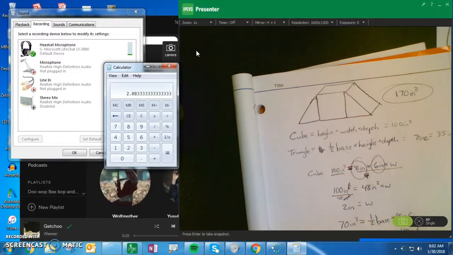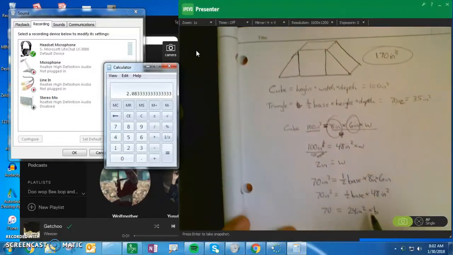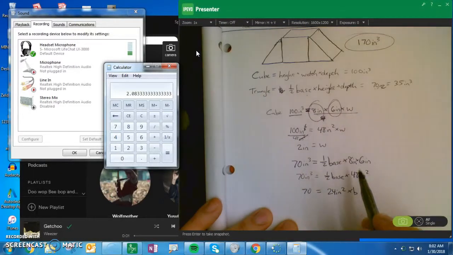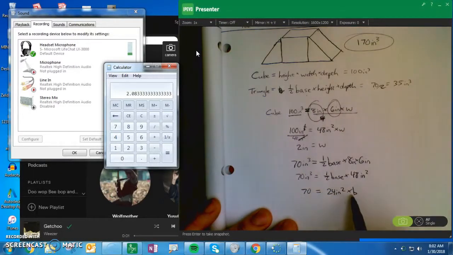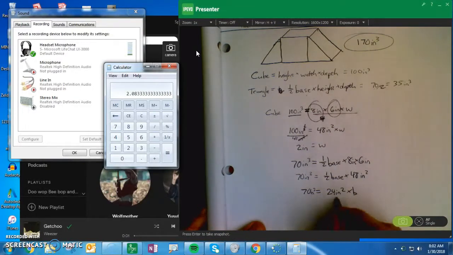Still haven't had to get rid of anything. But now we're stuck with only a variable and our volume and a number, an integer. So we're going to divide this side by 24 inches squared, and divide this side by 24 inches squared.